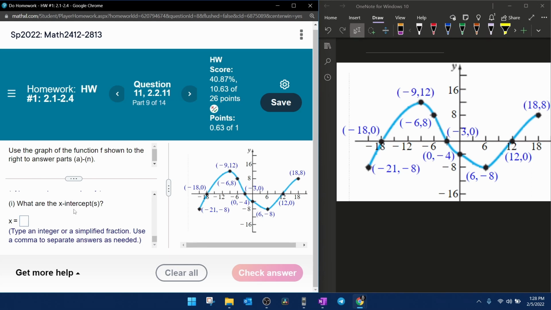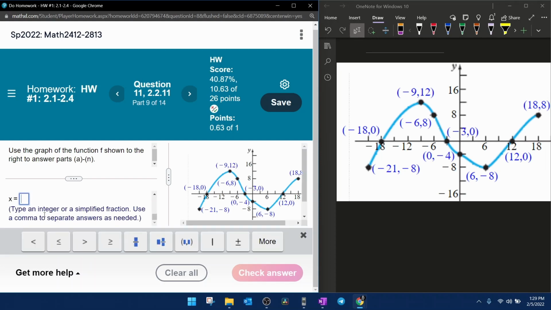Next part, what are the x-intercepts? Type an integer or simplified fraction. Notice it doesn't say to input those as ordered pairs, and we've already answered this question. The x-intercepts are at negative 18, negative 3, and 12. Those are the x values where the graph touches the x-axis.